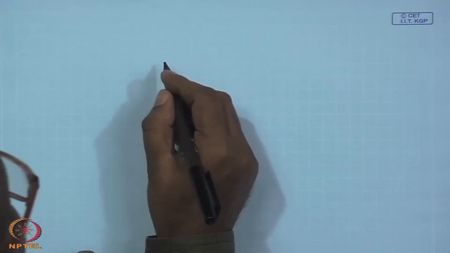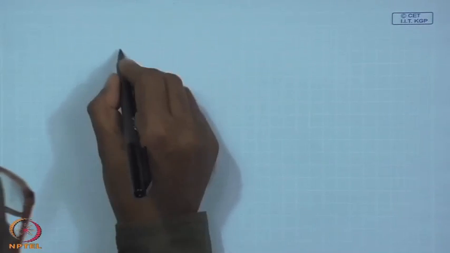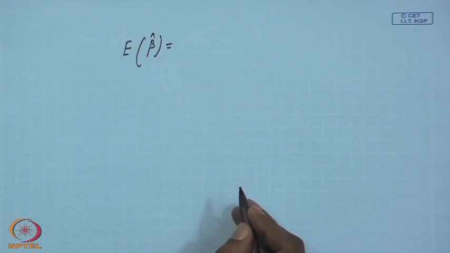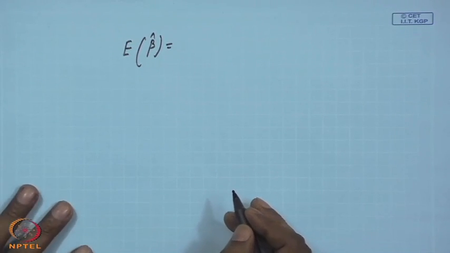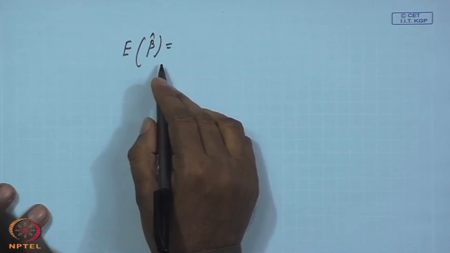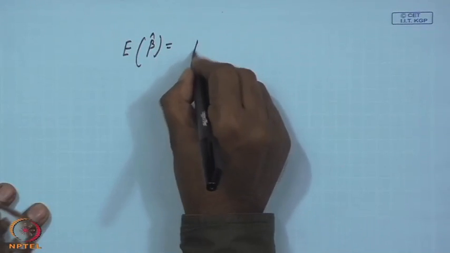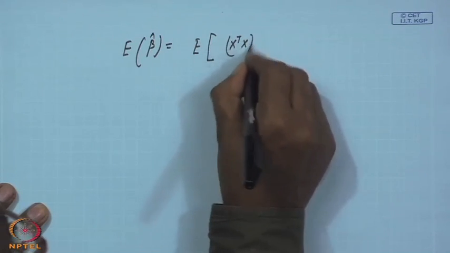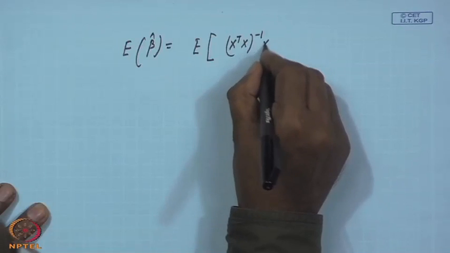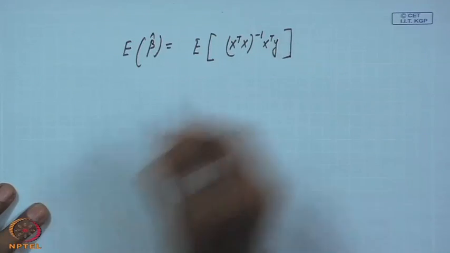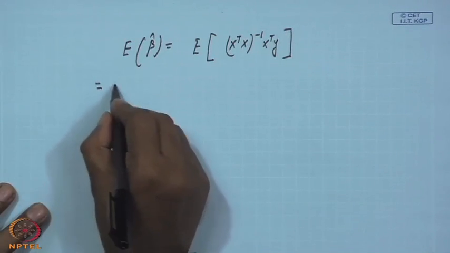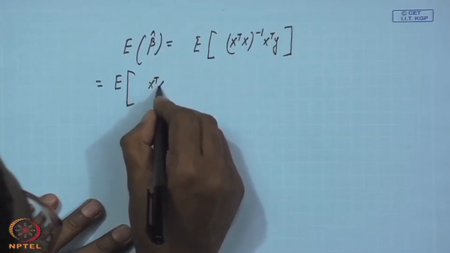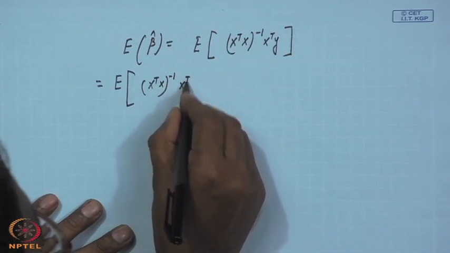So, for a distribution, you require to know what will be the expected value of beta cap. We first require to know the expected value of beta cap. This will be expected value of x transpose x inverse x transpose y. So, we can write this as expected value of x transpose x inverse x transpose.